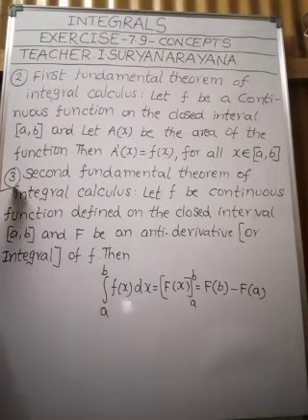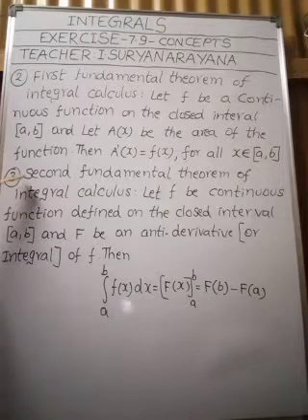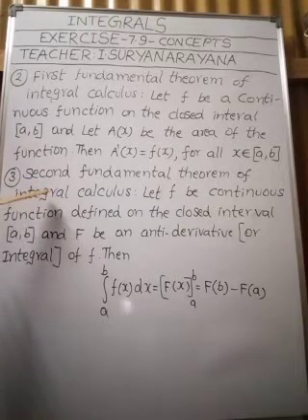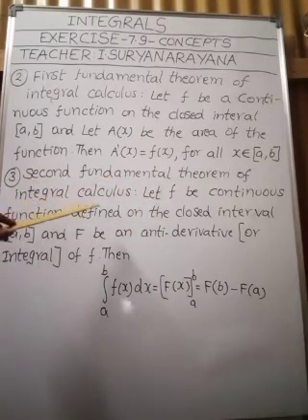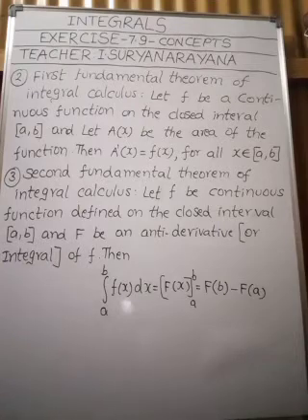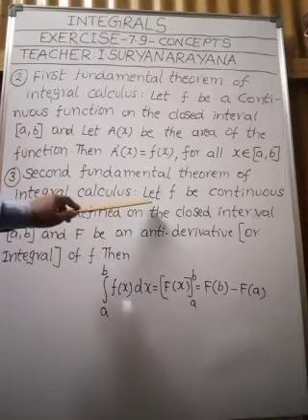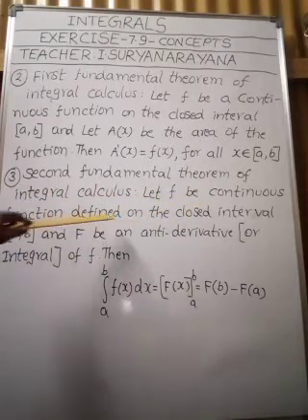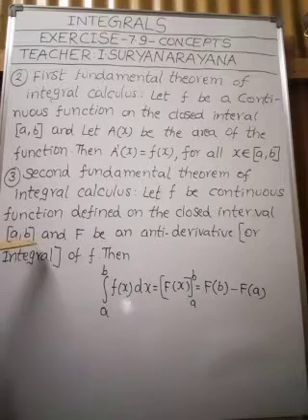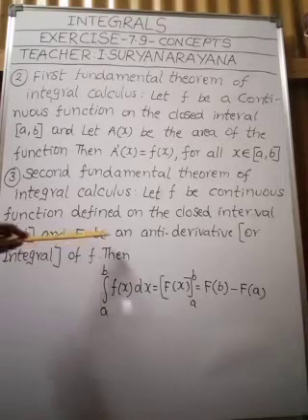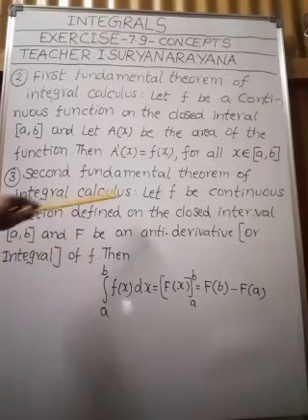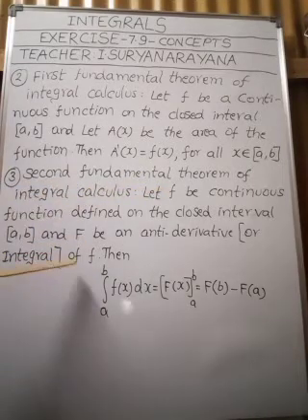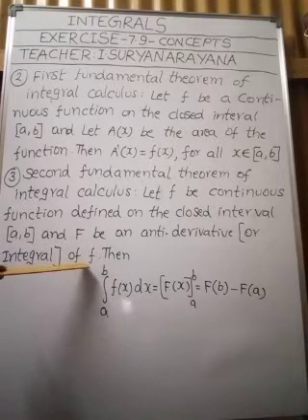Now come to the next point, the third point. This is a very important point for the definite integral. With the help of this fundamental theorem of integral calculus, we evaluate the definite integral of a given function. Let f be a continuous function defined on the closed interval [a, b], and let capital F be the antiderivative, or integral, of f.